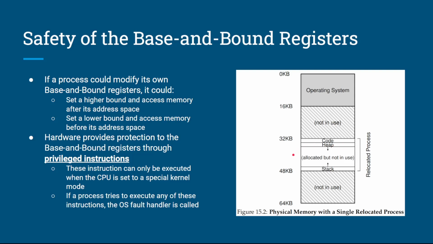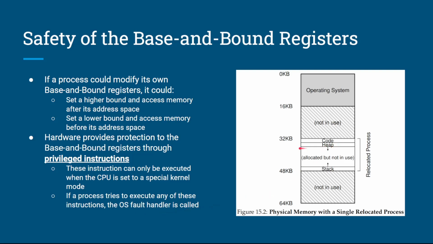When the process is running, the CPU is in user mode. If it tries to execute one of those privileged instructions, the operating system's fault handler is called. We talked about the fault handler for memory. Now we have a second fault handler for illegal instructions.